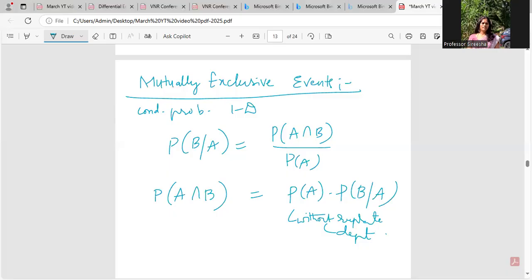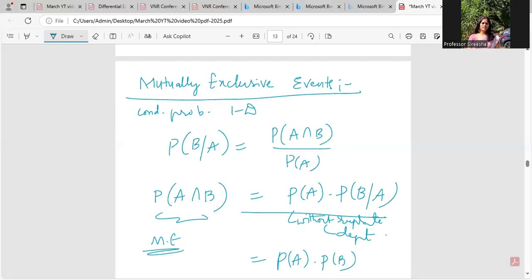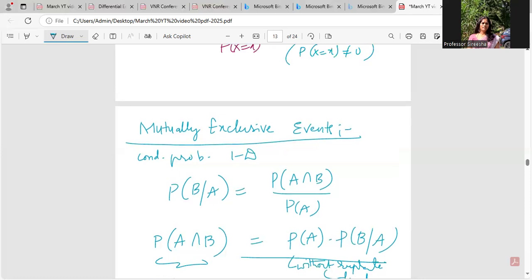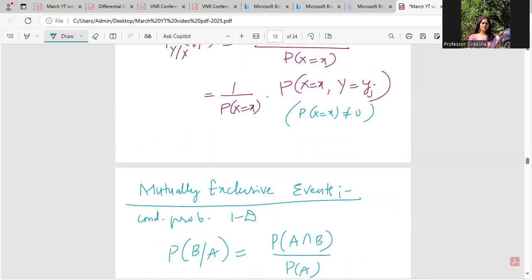If I'm replacing the card back, the total probability doesn't change, and the probability of the card I'm expecting also doesn't change. In such a case, you will call this P of A into P of B only, or in other words, you will say here A and B are independent. Yes or no? The same thing is spoken about in a different way, guys. That's it, a different notation when a two-dimensional variable is there.